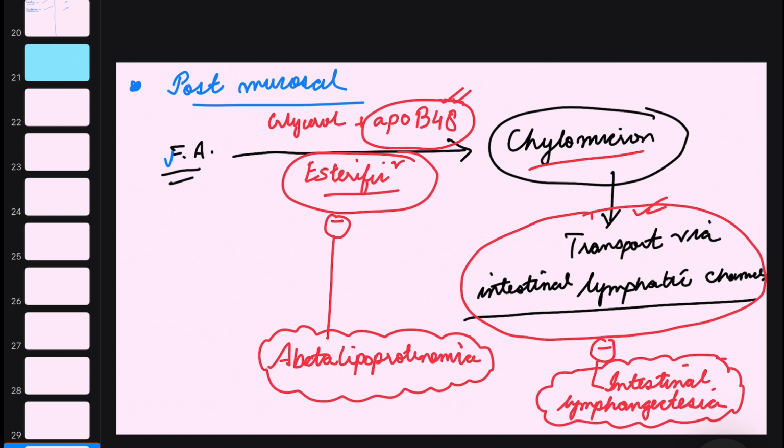Okay, so these are the two defects of the post-mucosal part of fat absorption. These two defects we'll talk about in our next video, and I think we should end our video with this.